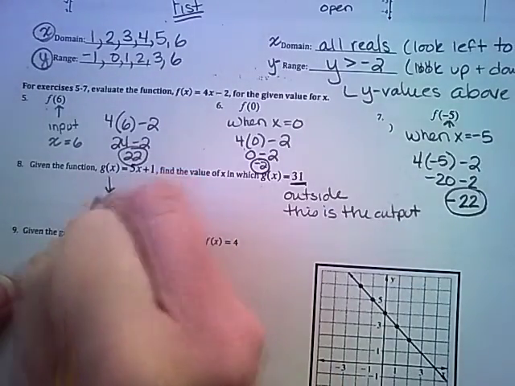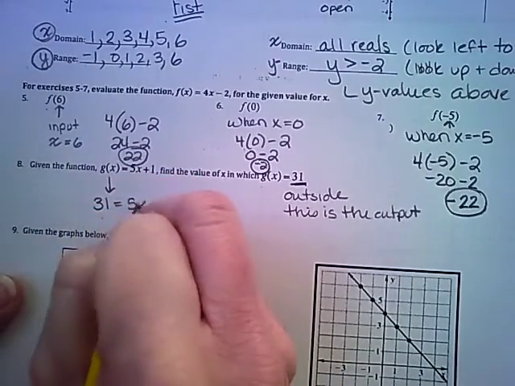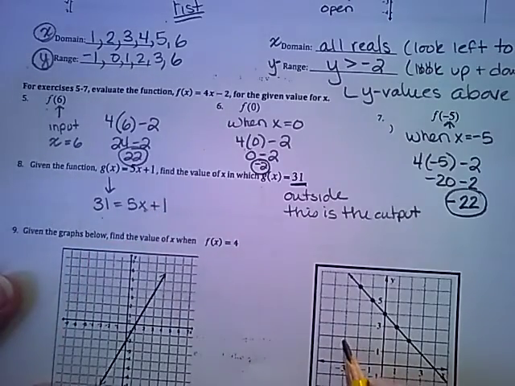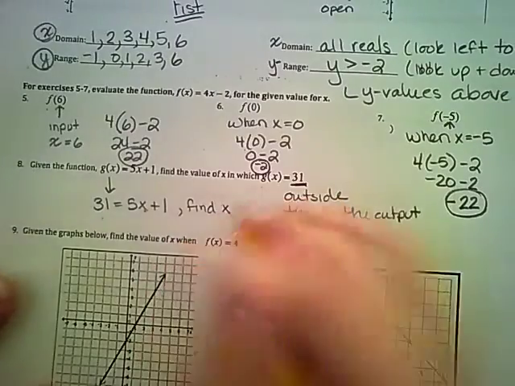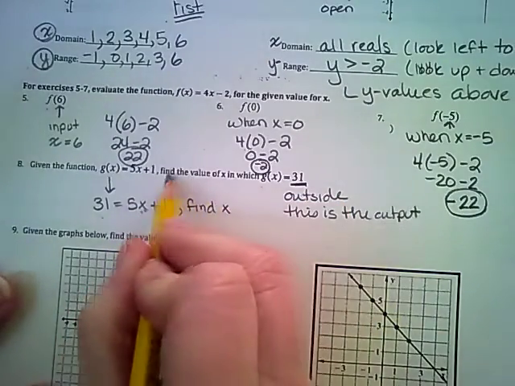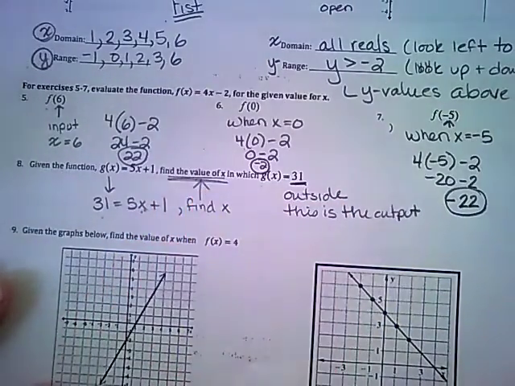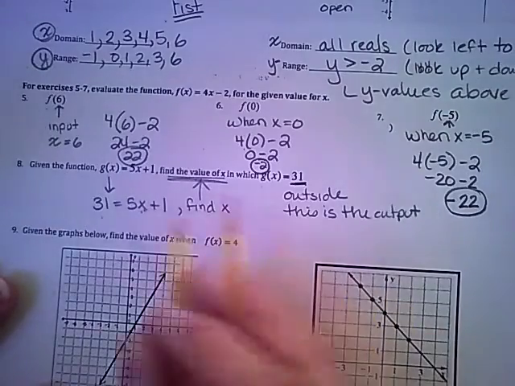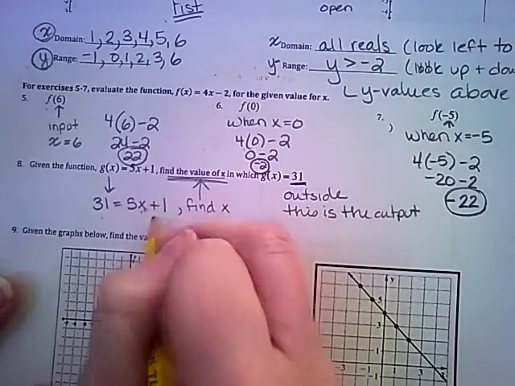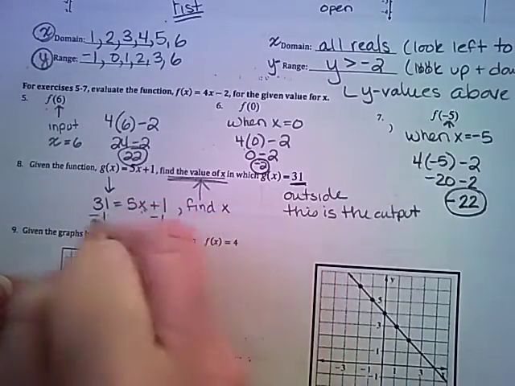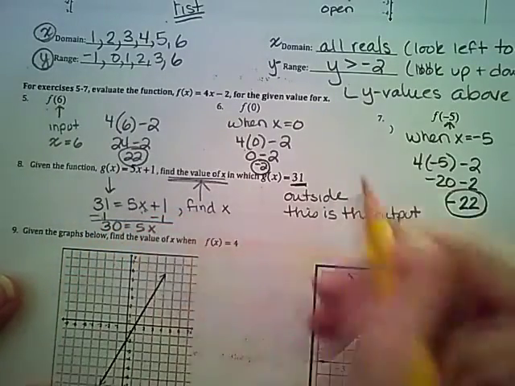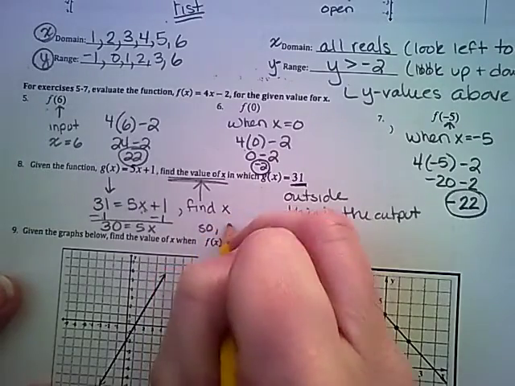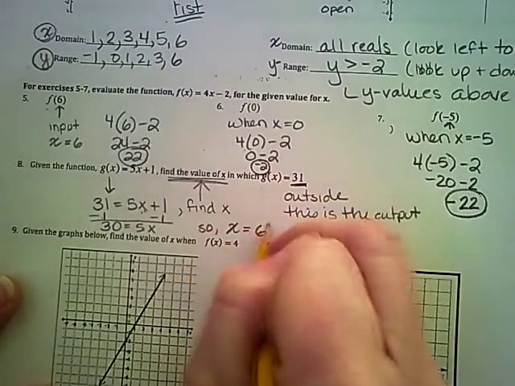So you are going to do 31 equals 5x plus 1. Find x. Makes sense that you have to find x since the problem is asking you to find x. So you're going to solve this little equation for x. Minus 1. 30 equals 5x. So x equals 6.